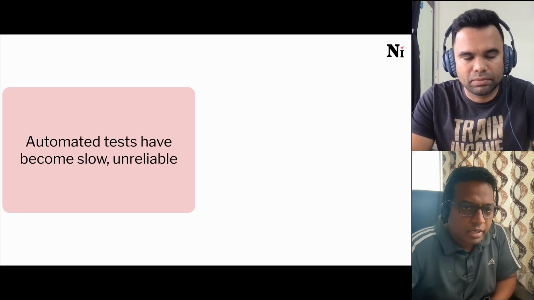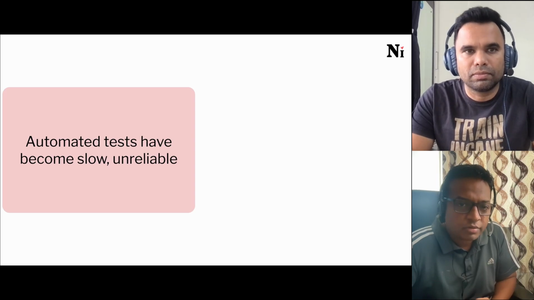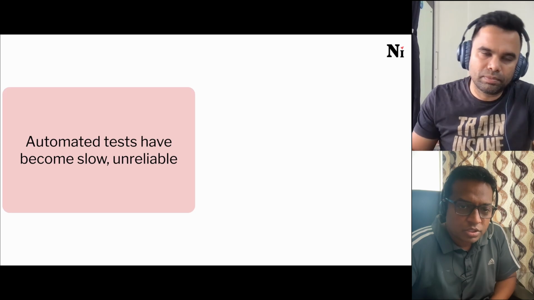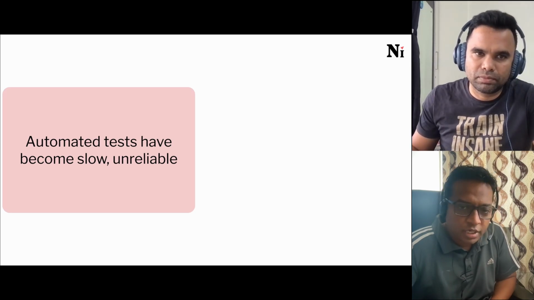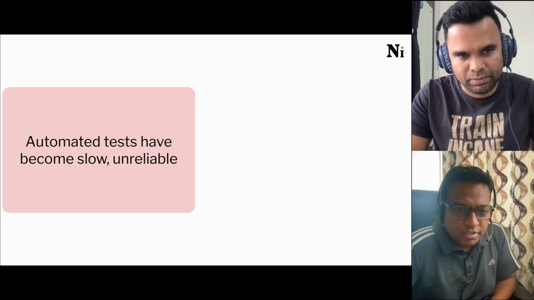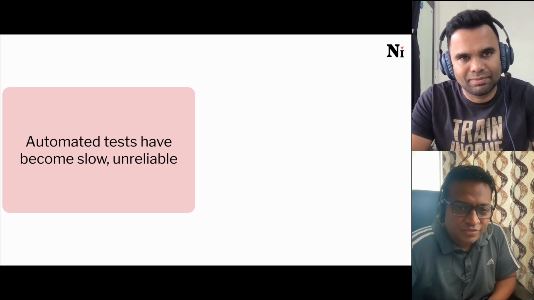they often then hit a point where the entire test suite becomes large enough that running it now starts to take 5 hours, 6 hours. Like I've been on teams where our team needed to sort of say, okay, I'm going off for the day, and I'm going to fire a test run, and then we hope to see the results of the test run the next day when we come in.